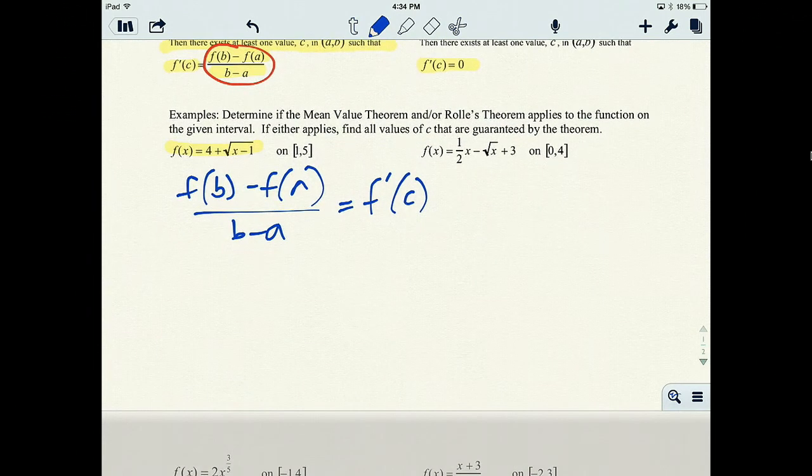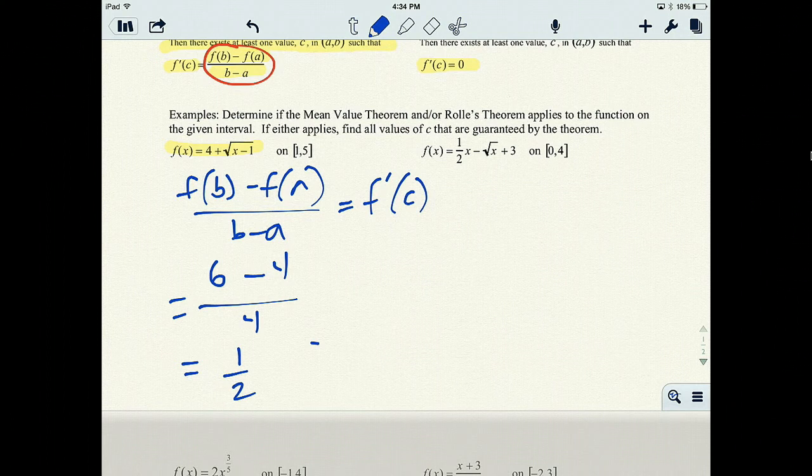If I put in f(b), which is plugging in 5 into the formula, I get 4 plus the square root of 4, which is 6. If I plug in 1, I get 4. B minus a is 5 minus 1, because that's our interval, so I get 4. So the slope over the whole interval is 1/2. The average slope is 1/2.